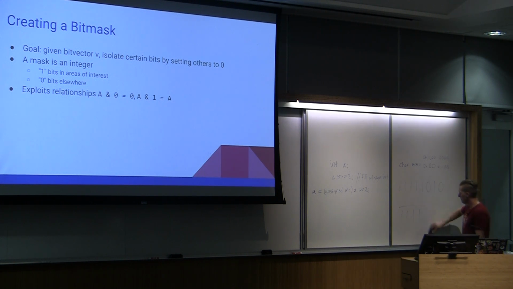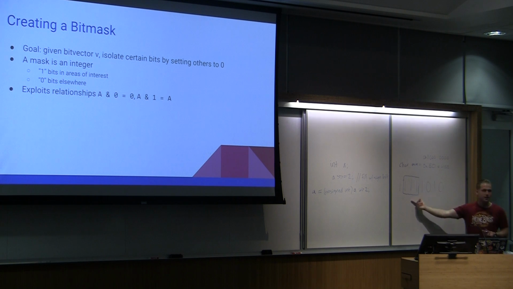So let's say I have this bit pattern and I want to find the value of the top 3 bits. So I want to keep these, or actually to make this a little harder, I'm going to find the value of these bits. I'll draw a box around them here. So I want to keep these turned on, and I want to turn off all the other bits.